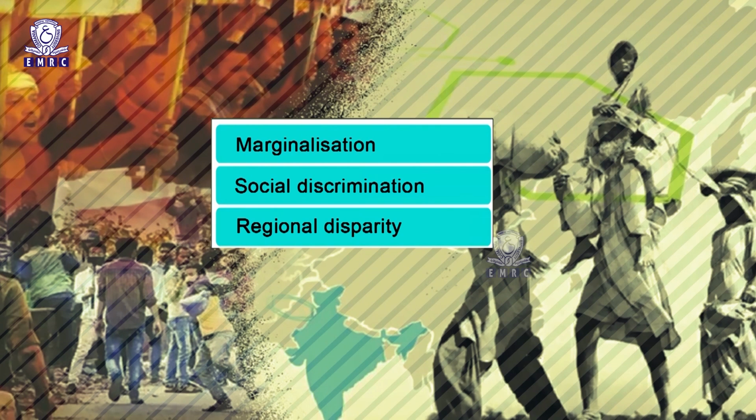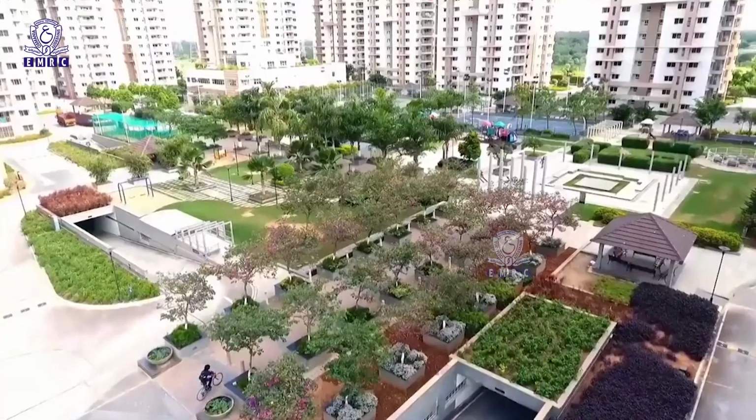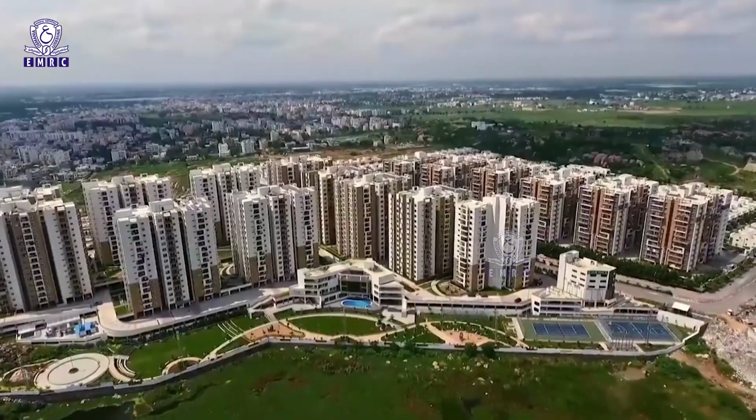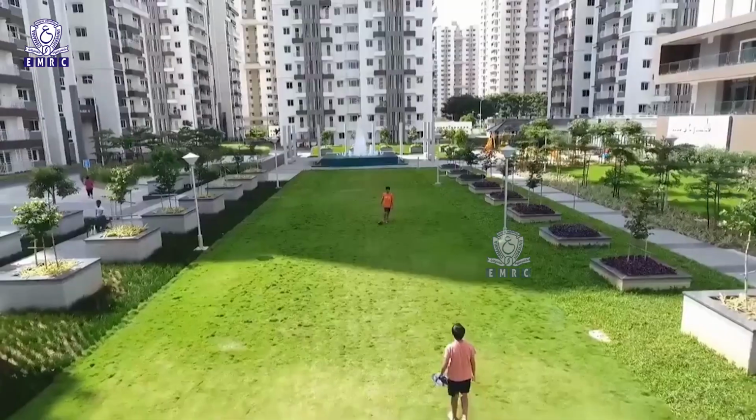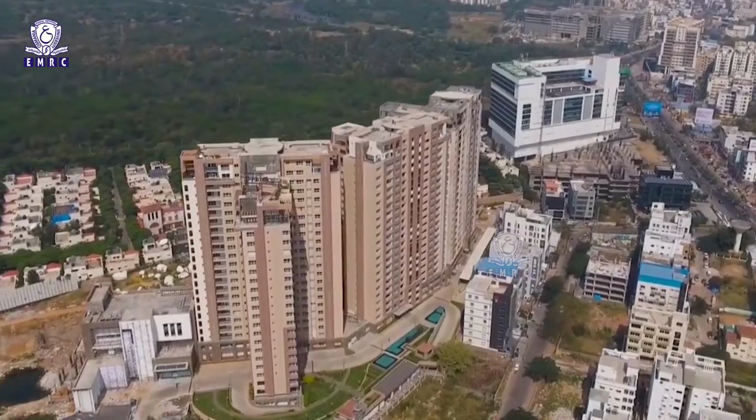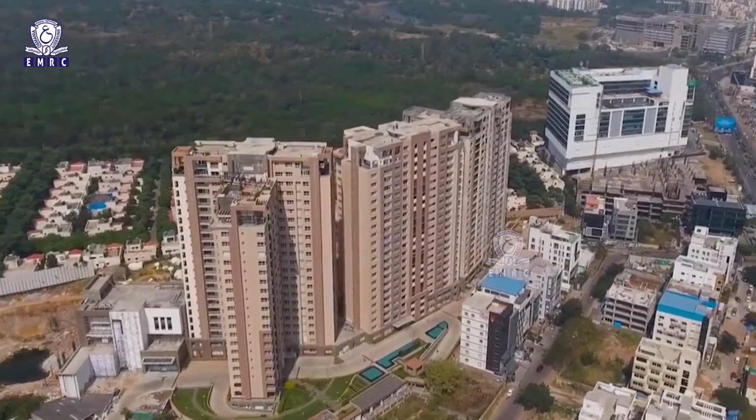Marginalization, social discrimination and regional disparity etc. show the other phase of development in India. Development is opportunities as well as neglect and deprivations. There are few areas like the big city centers and other developed enclaves that have all the modern facilities available to a small section of its population.